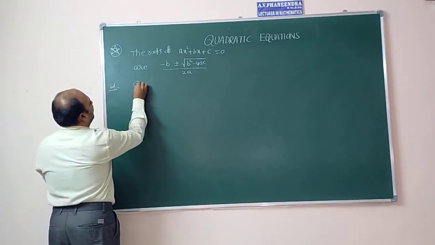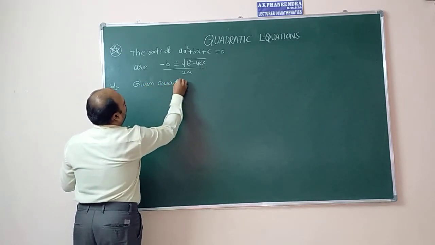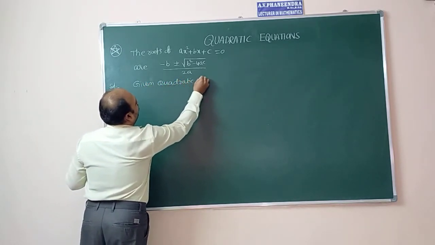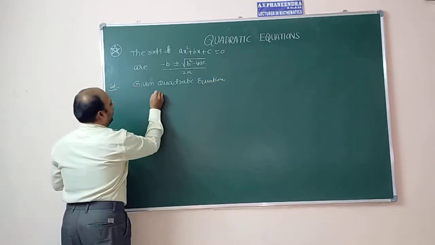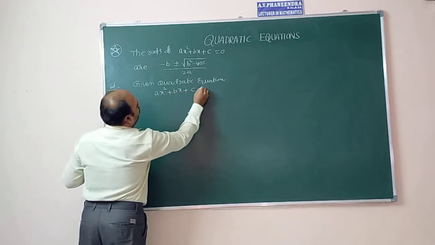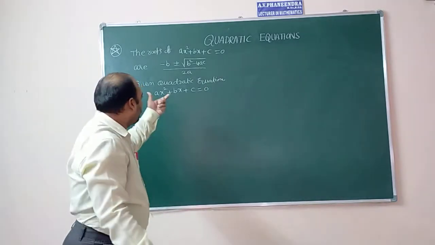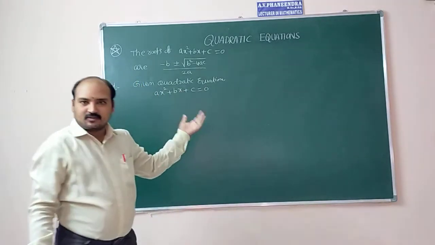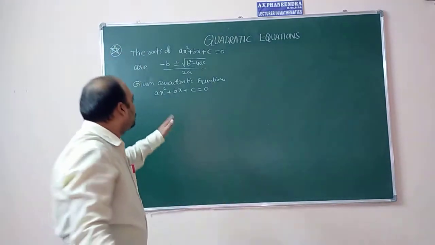First, given the quadratic equation ax square plus bx plus c equal to 0. It is a quadratic equation in terms of x, so in variable x there are two roots of this quadratic equation.